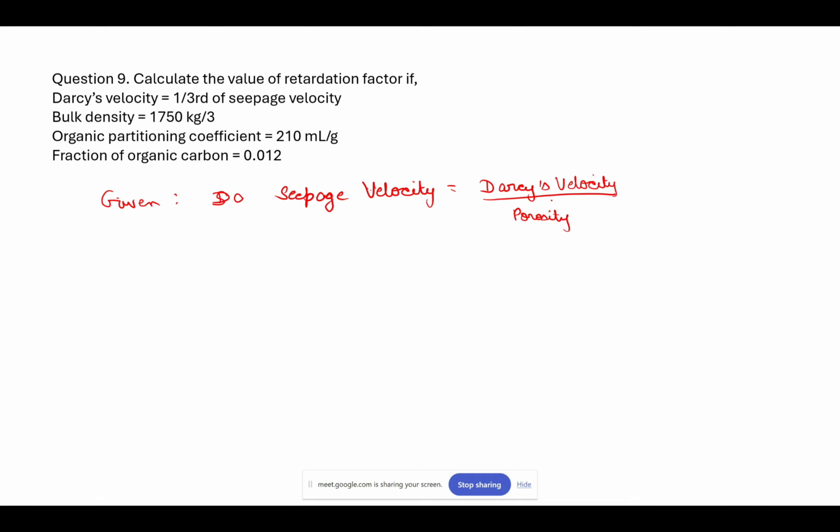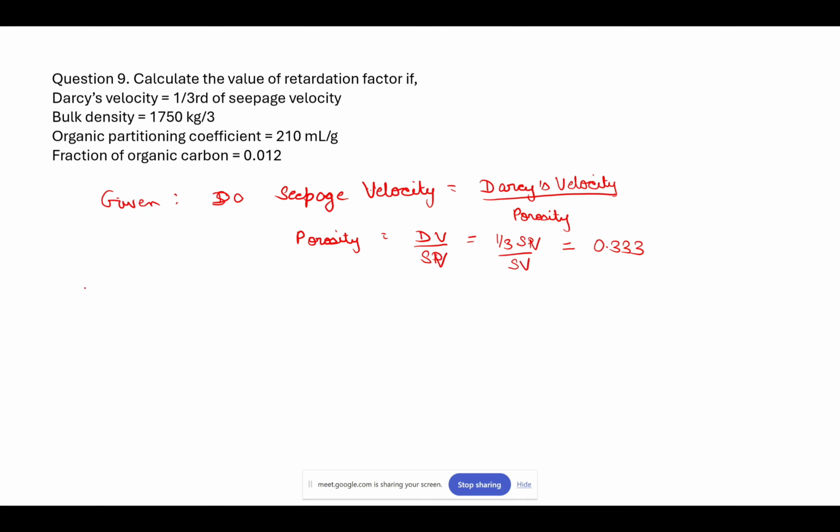We have been given that Darcy's velocity is 1/3 of the seepage velocity. So Darcy's velocity divided by seepage velocity will give us porosity. Let's write Darcy's velocity as Vd divided by seepage velocity, and in the question Darcy's velocity is 1/3 of the seepage velocity. So porosity is 1/3, that is 0.333.